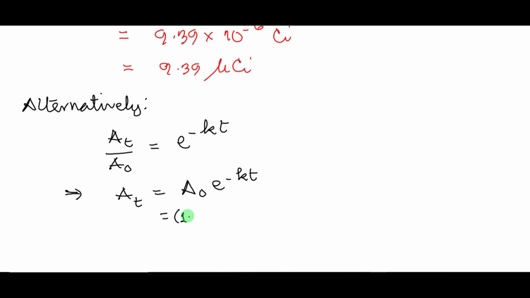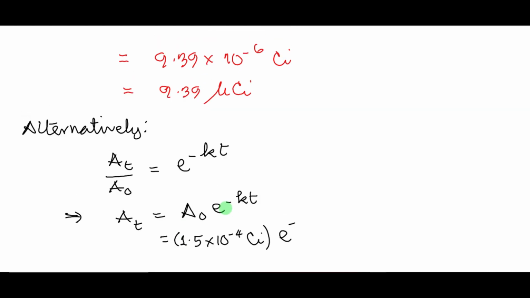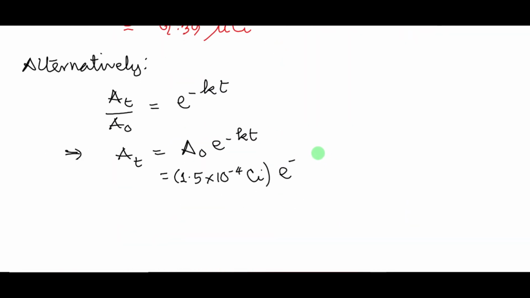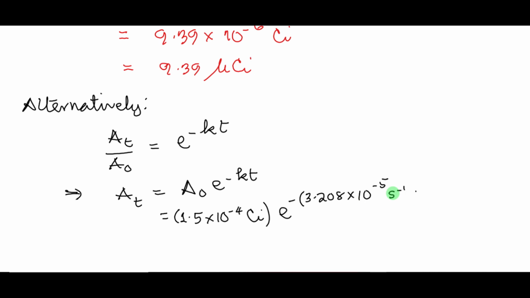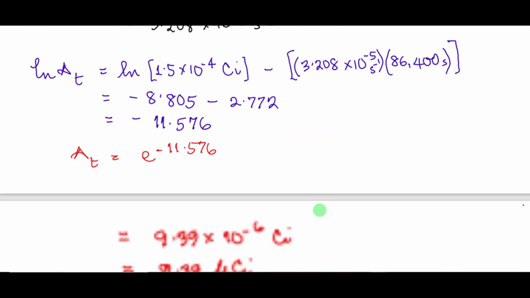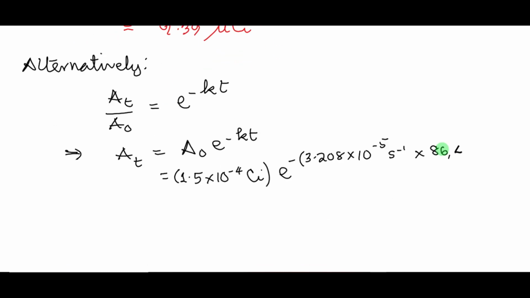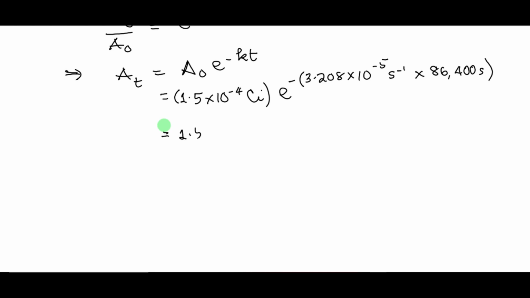That will be 1.5 times 10 raised to the power minus 4 times exponential raised to the power of minus 3.208 times 10 raised to the power minus 5 per second, times our time, 86,400 seconds, which is 1.5 times 10 raised to the power minus 4 curies times exponential minus 2.772.